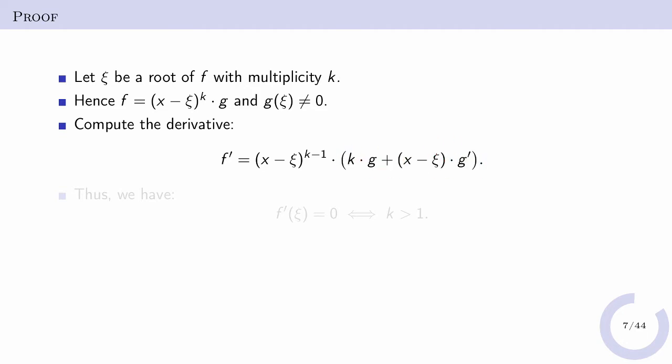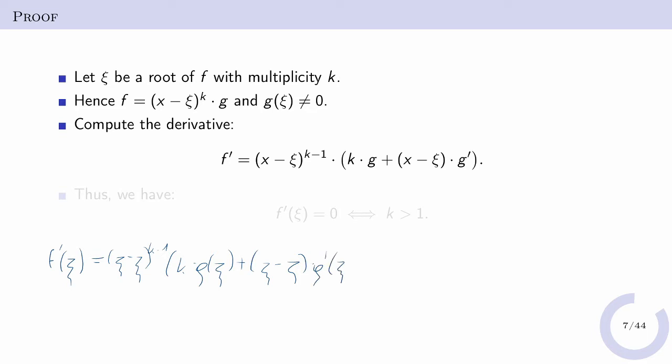And observe what happens if we evaluate f prime at xi. We have f prime of xi equals (xi minus xi) to the k minus 1 power times (k times g of xi plus (xi minus xi) times g prime of xi).